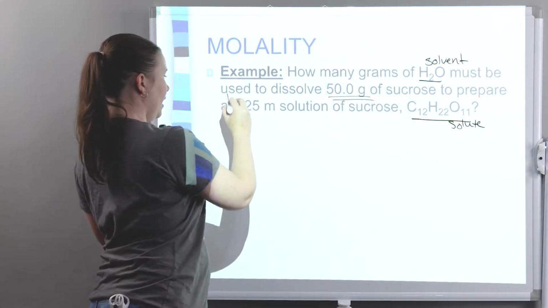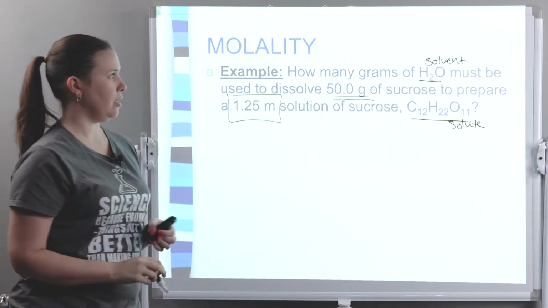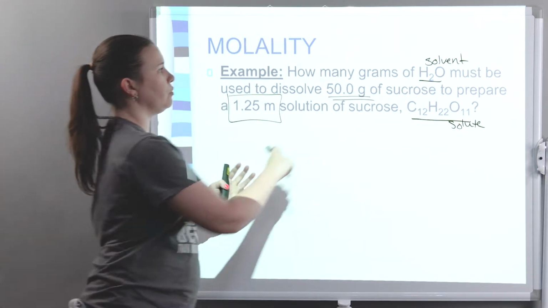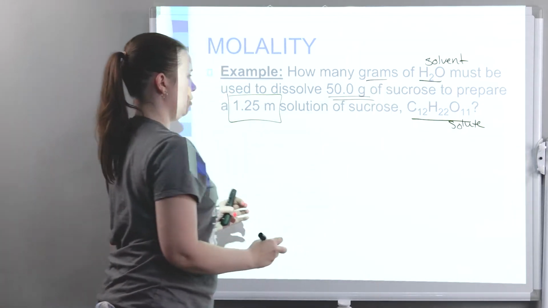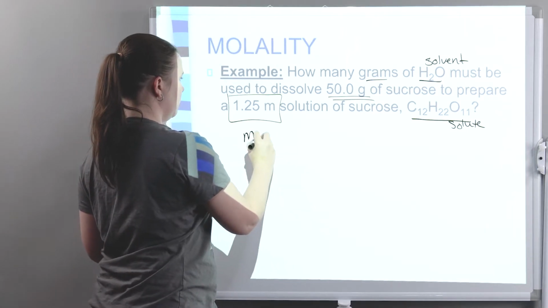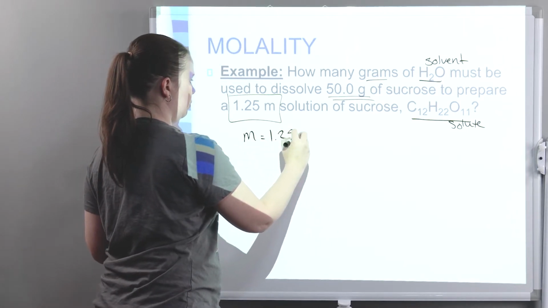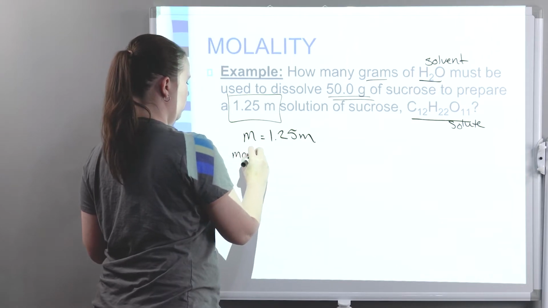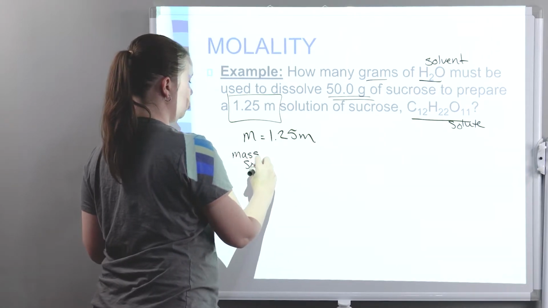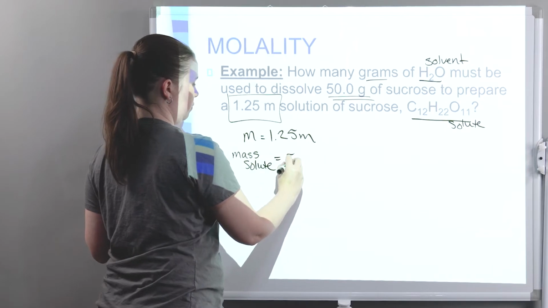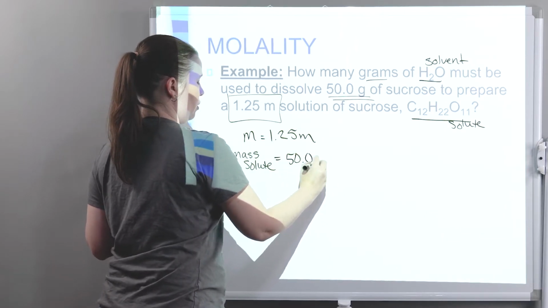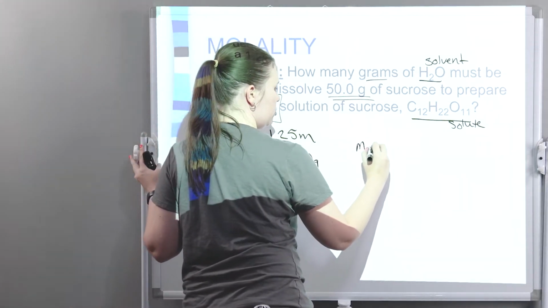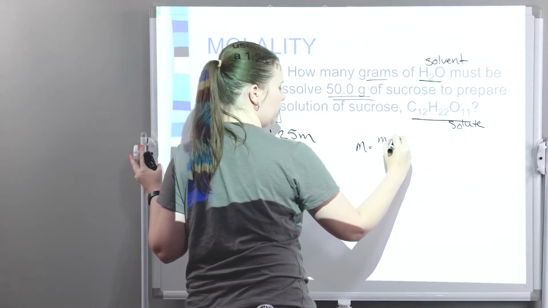So it actually tells me the molality this time, and I'm looking for the amount of water, the grams of water. So the molality is given of 1.25, and the sugar, it would be a mass of solute given to be 50 grams.